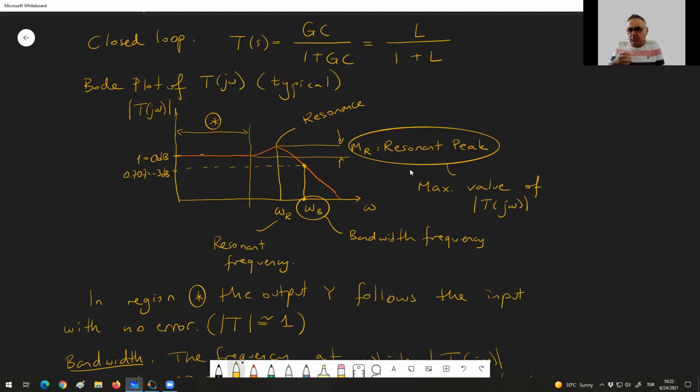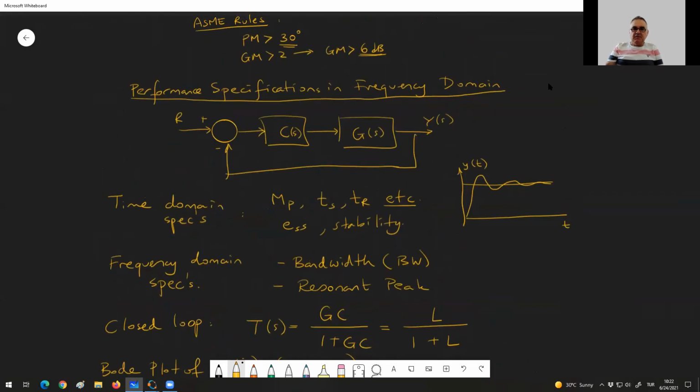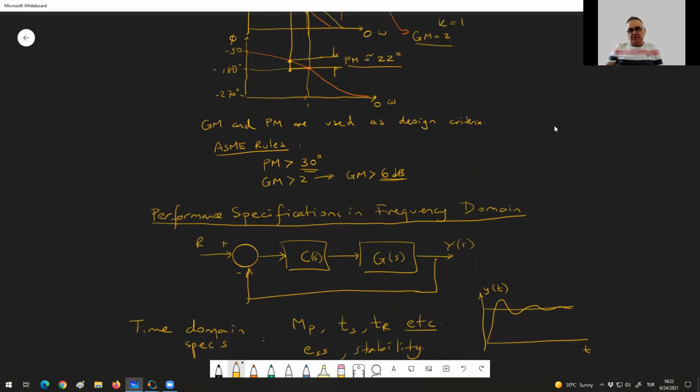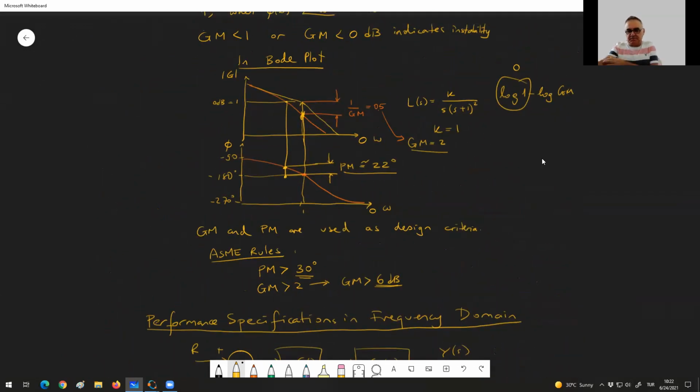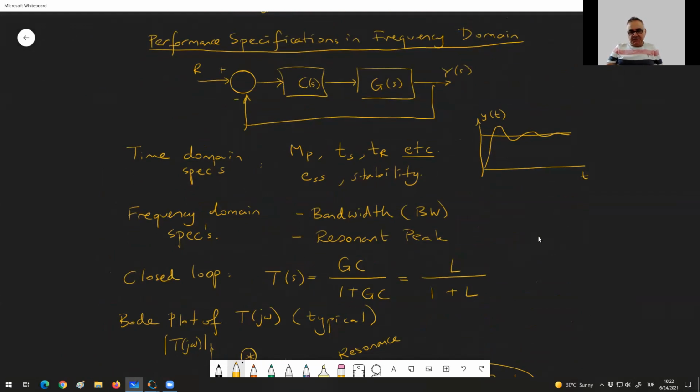Control engineers use these concepts like bandwidth, resonant peak, phase margin, gain margin, etc. quite frequently, and that's a part of their job. It is the language they use when they design such systems.